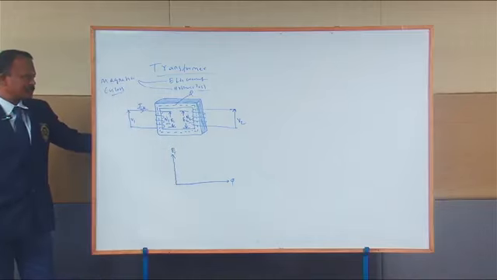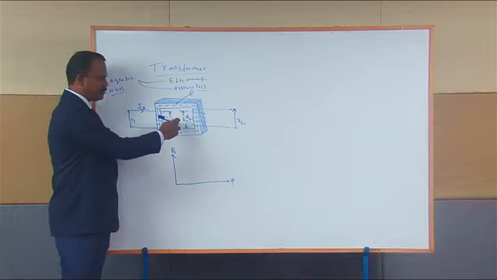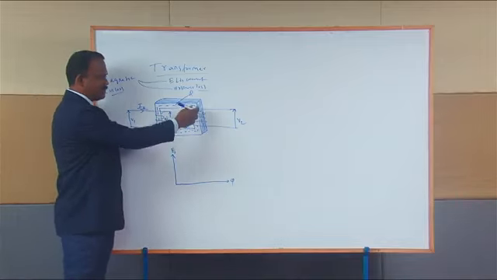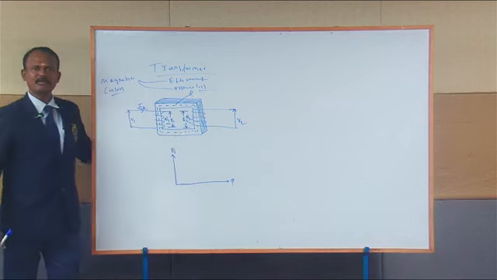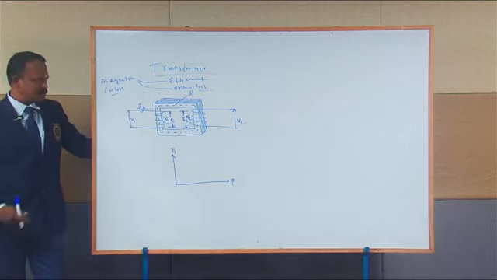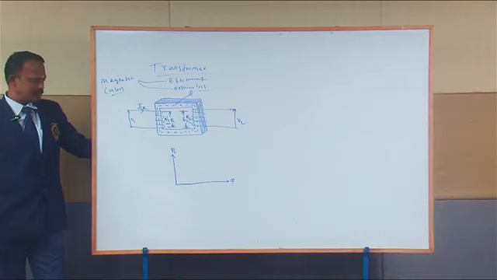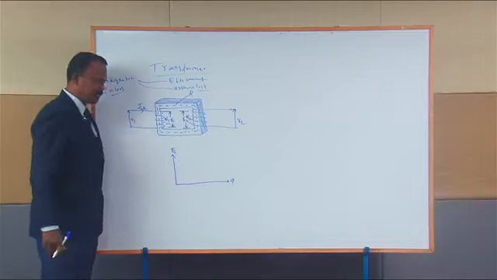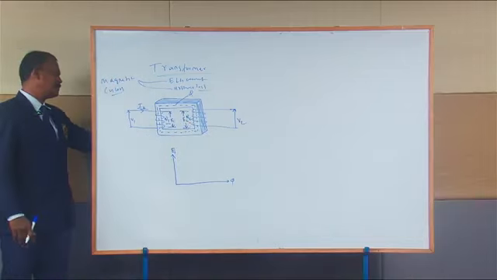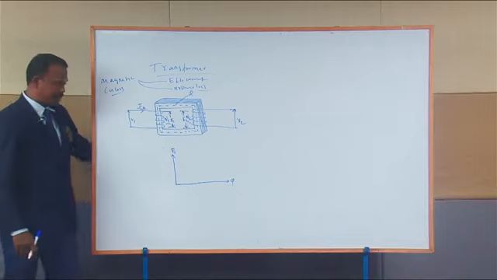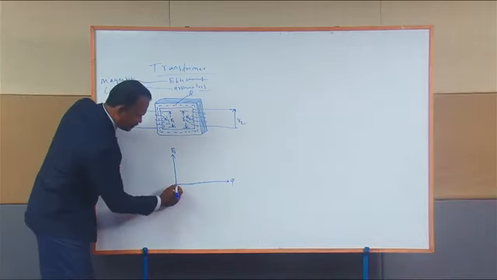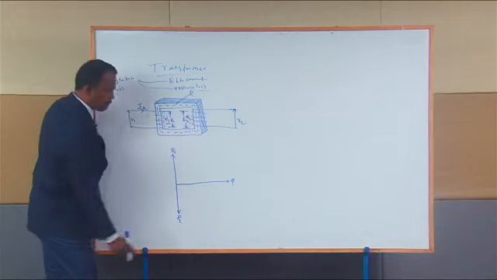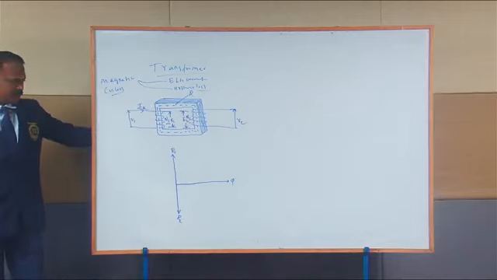This E1 is the EMF induced in the primary coil, but the same flux will also link with the secondary of the transformer. The EMF induced in the secondary coil, we call it E2. Normally this induced EMF E2 is in phase position with respect to E1. Then I can draw this is my E1, this is my E2 value.